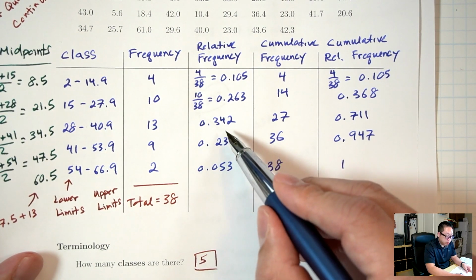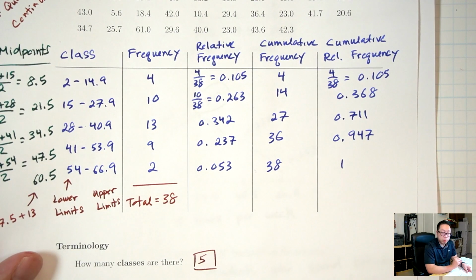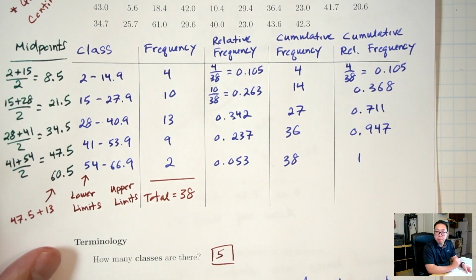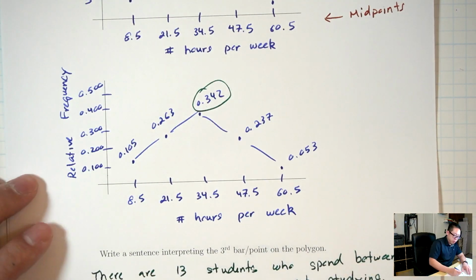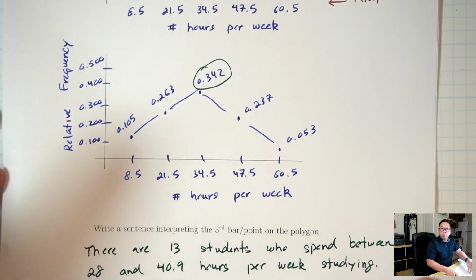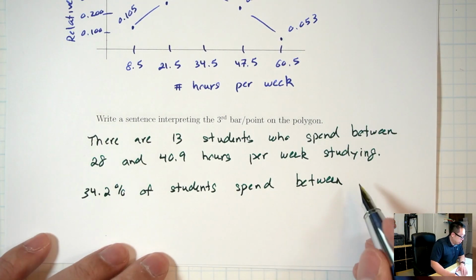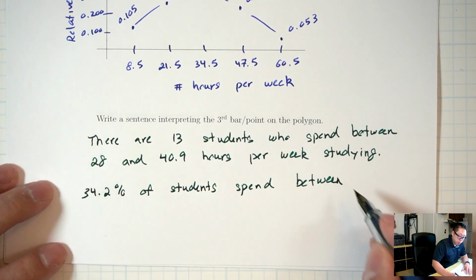So 34.2% of the students spend between 28 and 40.9 hours studying per week. That's 34.2% of students spend between 28 and 40.9.